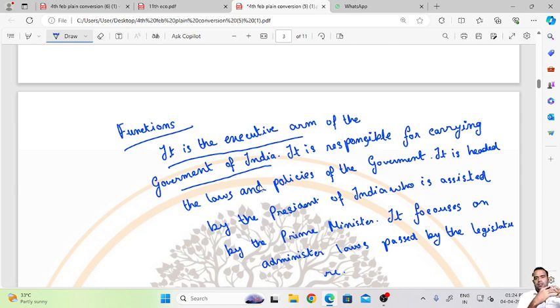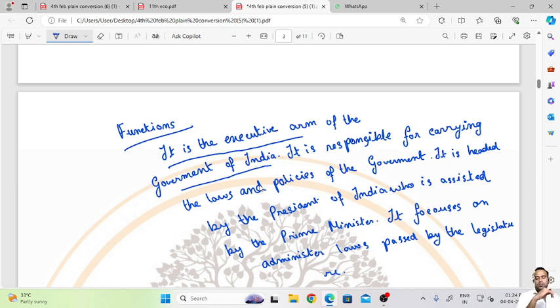It runs a country administratively. It makes laws, passes laws. Now, the question is, who makes sure all these laws are being obeyed properly, and the whole system of a country is running smoothly? The Union Executive does that.